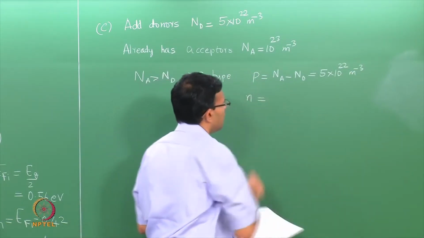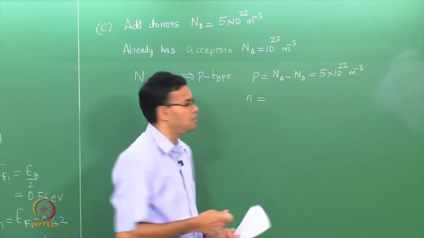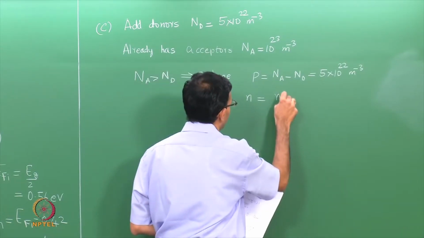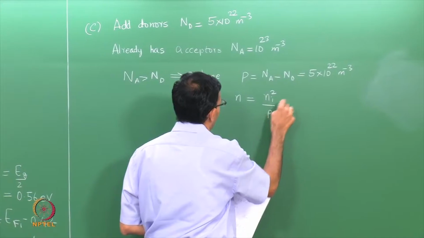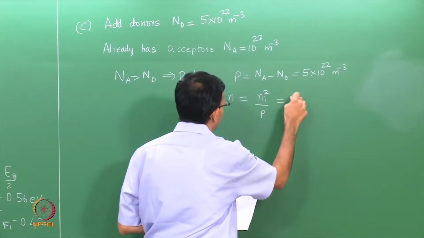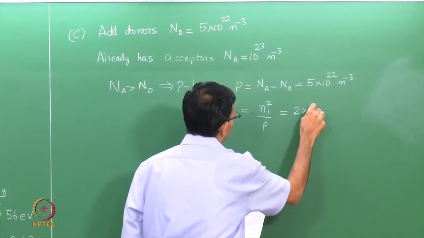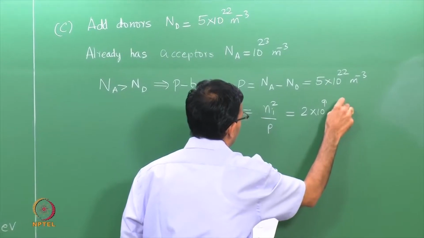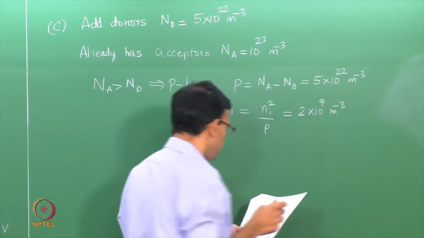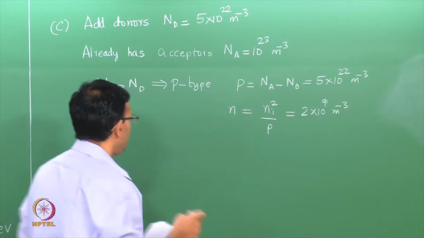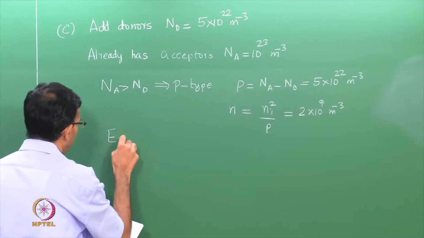N we can calculate as before, again using the law of mass action, Ni square over P, which is 2 times 10 to the 9 per meter cube. We can go ahead and calculate the position of the Fermi level.